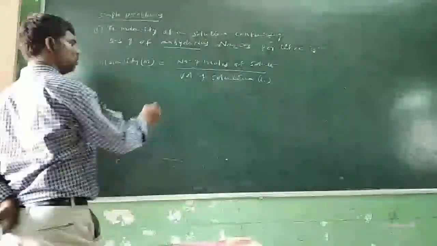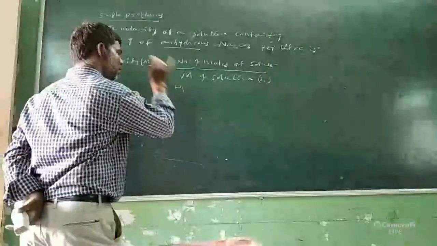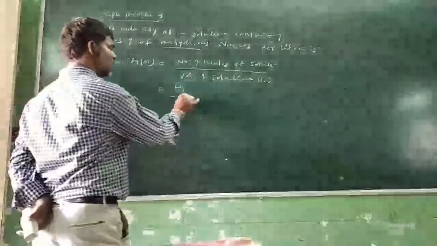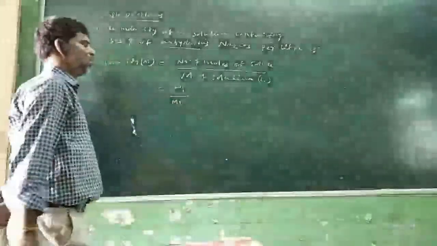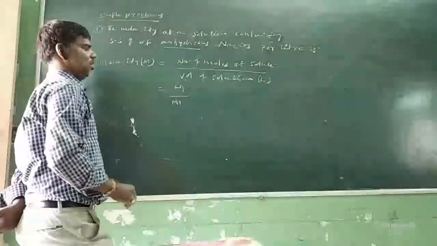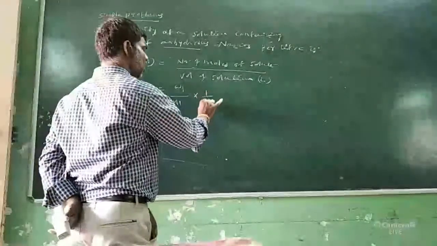The number of moles of solute we can take as weight of solute W1 by gram molecular weight of solute M1, into 1 by volume in liters.